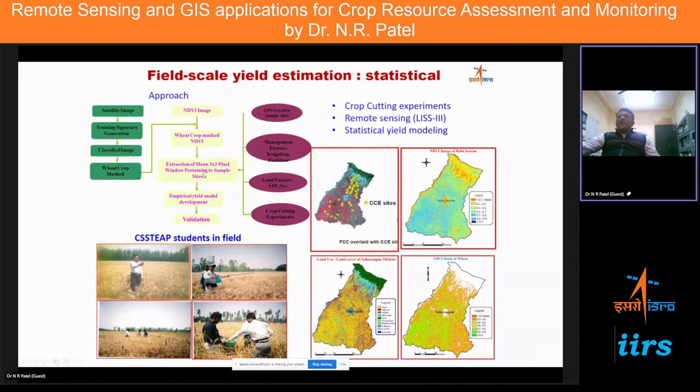The wheat crop NDVI at different sites where we have some crop cutting experiments is taken, and we develop a certain kind of regression, linear regression or multivariate regression. So here you see students harvesting wheat crop in 1 by 1 kilometer plots, and they do threshing and finally get the grain. So this is the kind of activity which is going on.